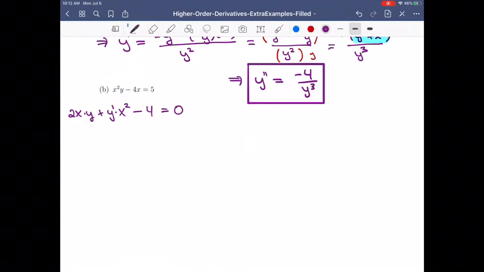So I have x squared y prime is equal to 4 minus 2xy. Okay, so then I get y prime is equal to 4 minus 2xy over x squared. Okay, so this is my y prime.